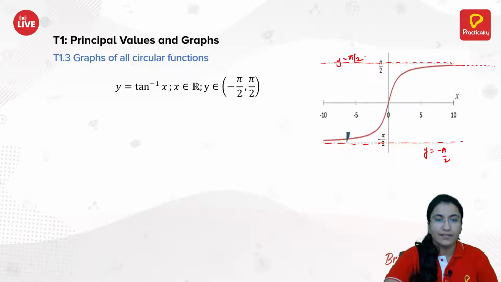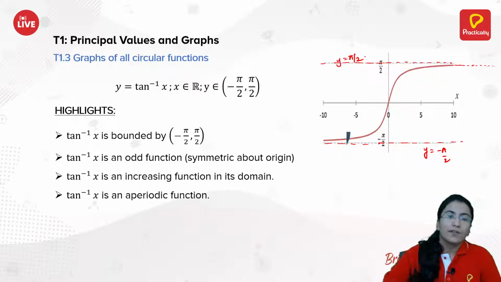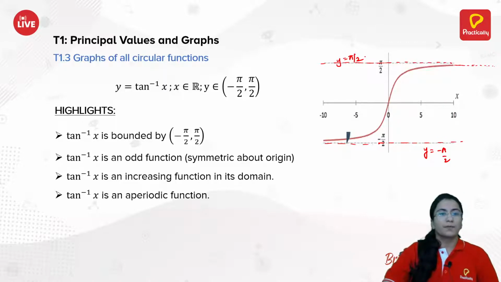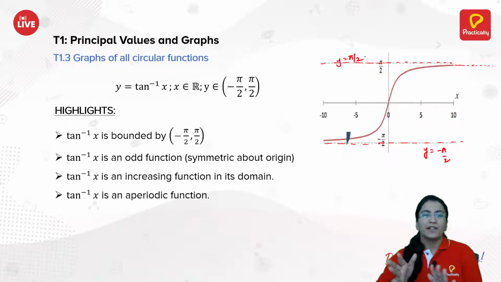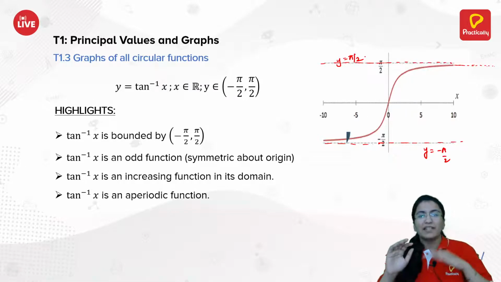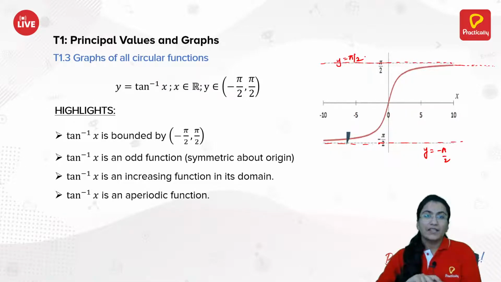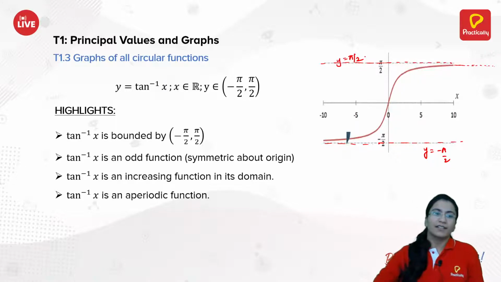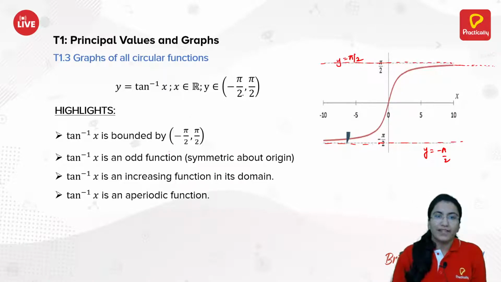Next, let's just discuss what are the highlights for this particular graph first. The first one is tan inverse x is bounded by -π/2 to +π/2. You can only have the pre-image for the points which lie in the interval -π/2 to +π/2, which is the range for this particular function, right?